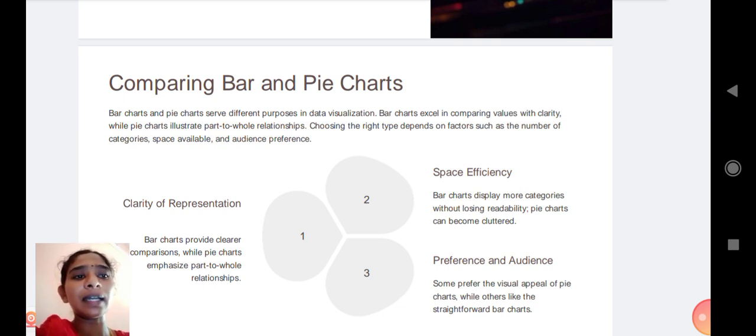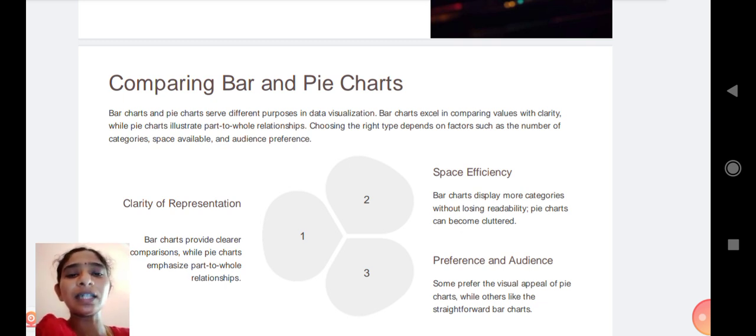But in a pie chart, all the data is in a single circular pie. For the audience, the visual appeal is in a chart format, but the bar chart format is very straightforward.